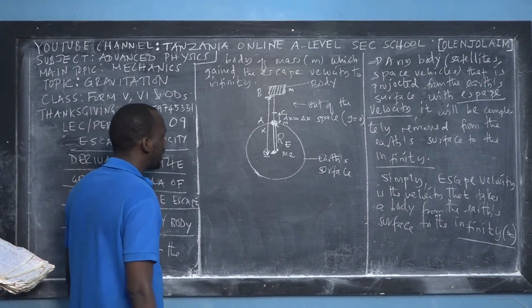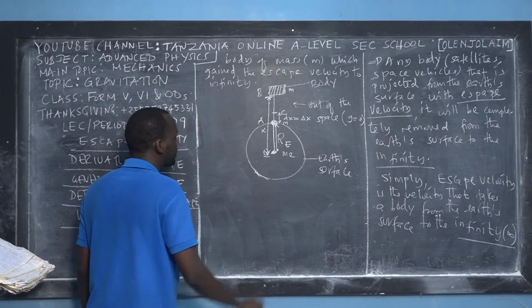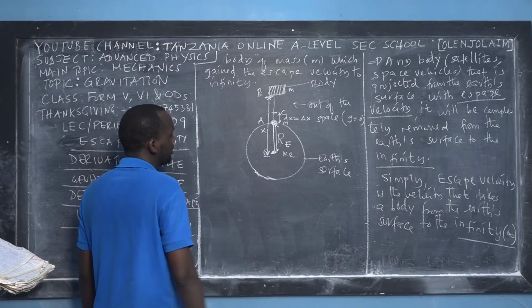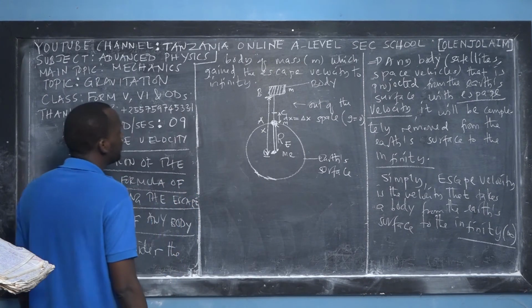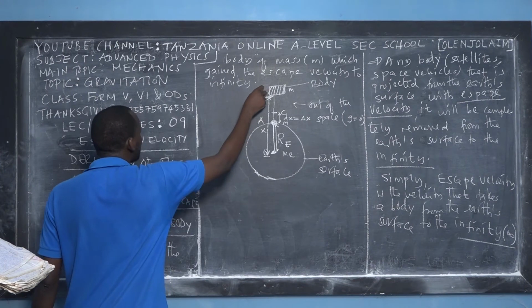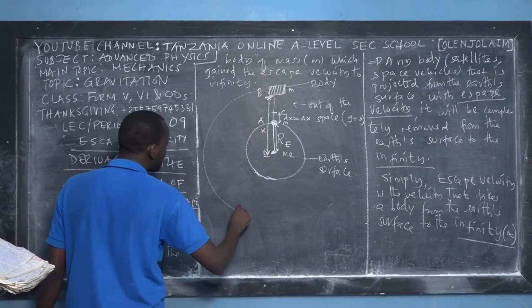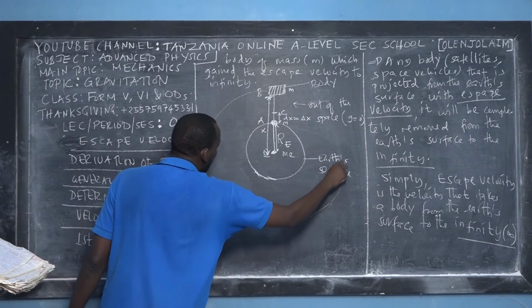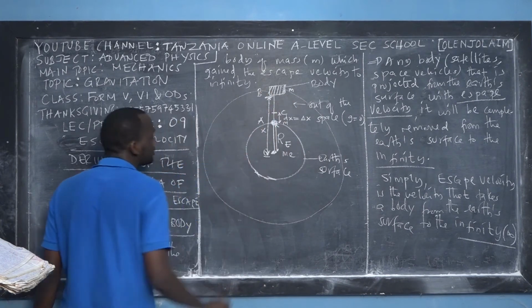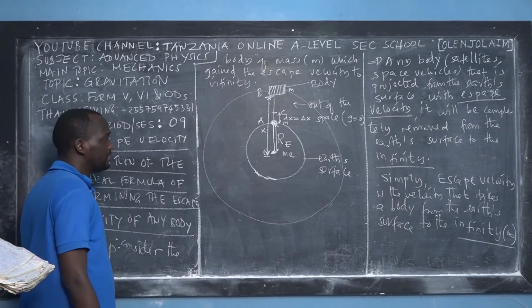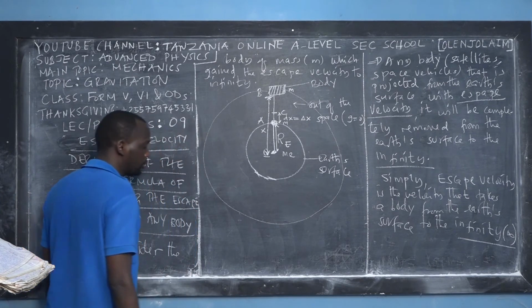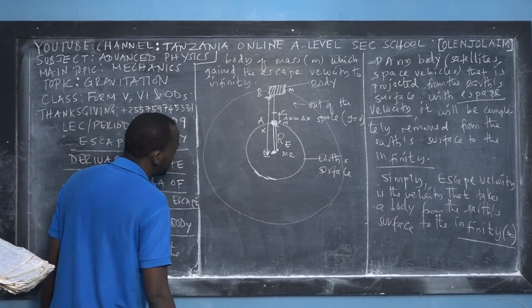If that is the case, we have our circular orbits like this, because the S is circular. When this body reaches the infinity, it will possibly be revolving around the S in its particular orbit, but it is free from gravitational pull. That's the concept that you should remember.